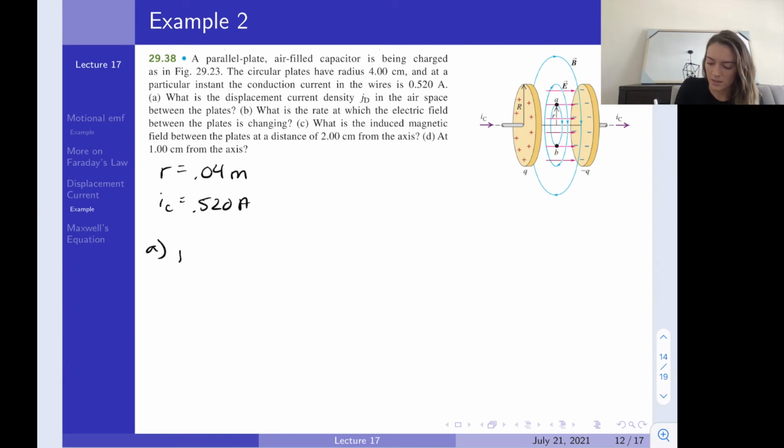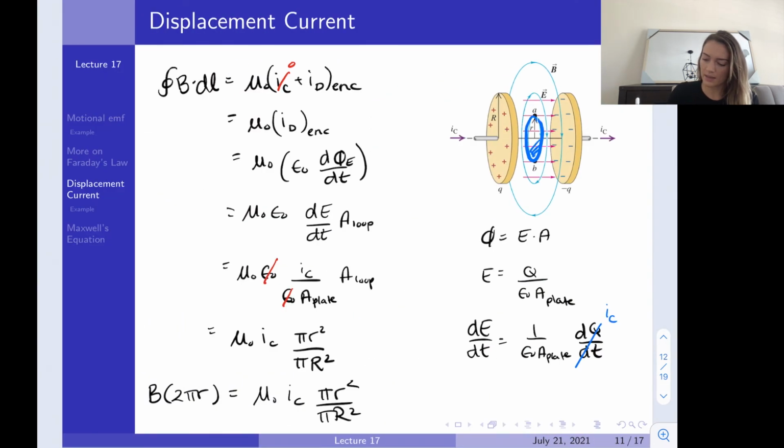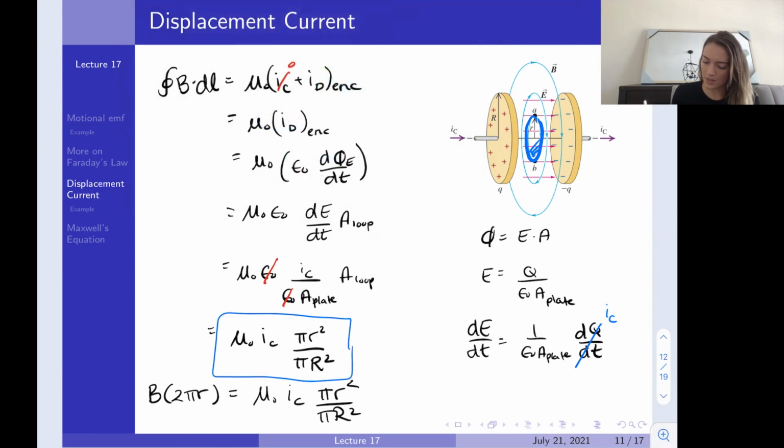So what is the displacement current density in between here? Now in our previous example, if we look at this step here, we can see that this term here is a current density.